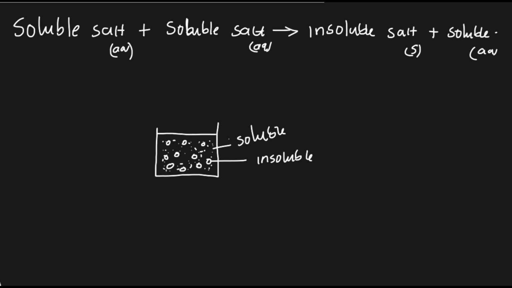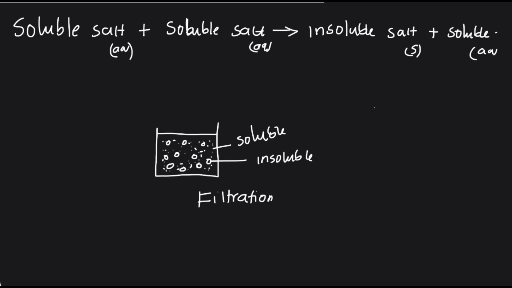So after we've made this salt, sometimes you may be asked, how can you separate an insoluble salt from a soluble salt? What you just have to do is use filtration.